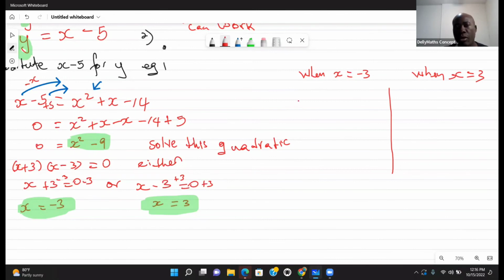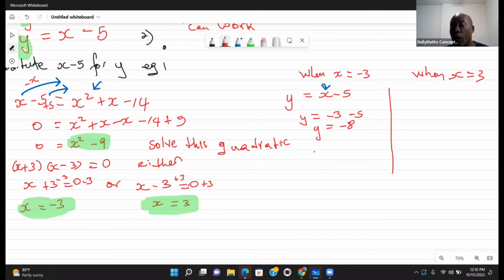For example, remember you can use any one of the originals to help you. I'm saying use the simpler one. It says y is equal to x minus 5. I would use that, because all I'm going to do is substitute x right there. So remember, I need to know what y is when x is -3. So -3 with a -5, y is equal to -8, just like that.